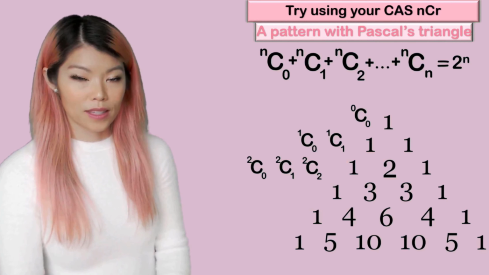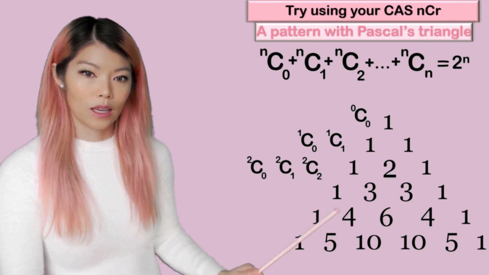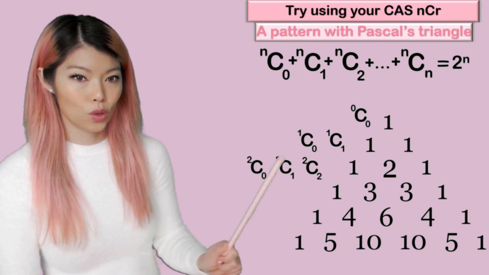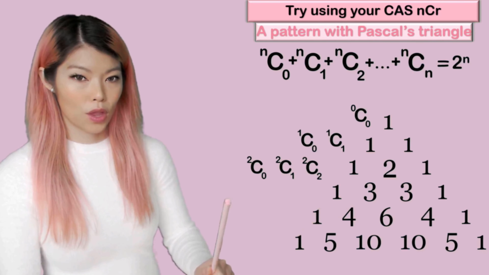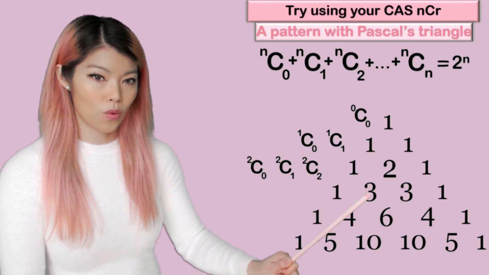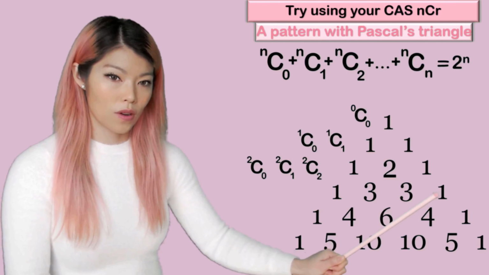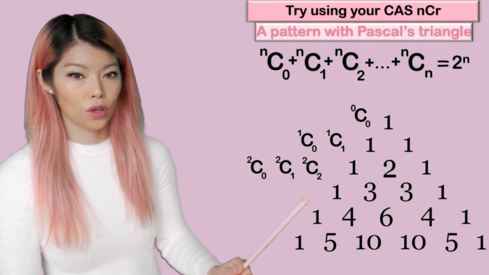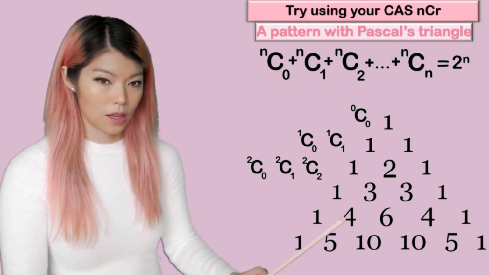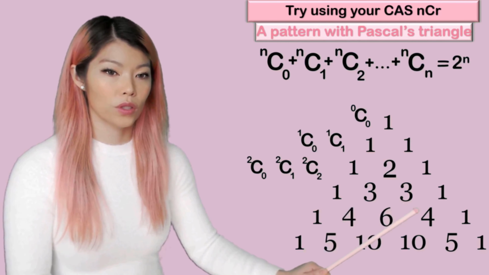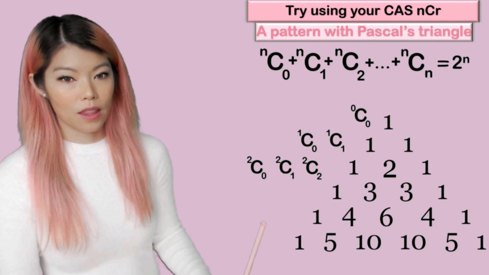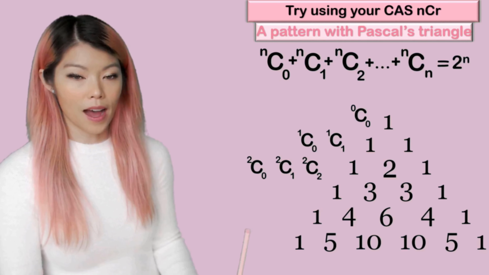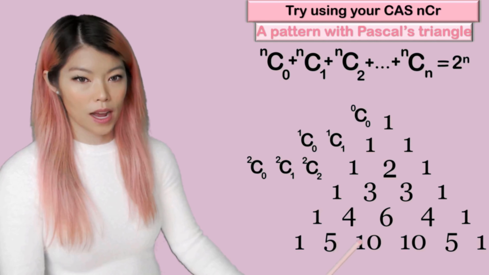In other words, row 3 would be 3C0, 3C1, 3C2, 3C3, and n is 4, so 4C0, 4C1, 4C2, 4C3, 4C4, etc. And the order that I'm reading is r, so r is 0, r is 1, r is 2, r is 3, etc.